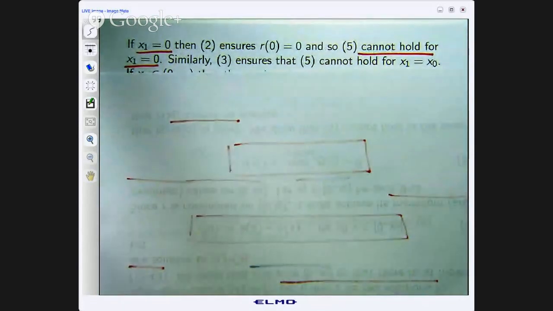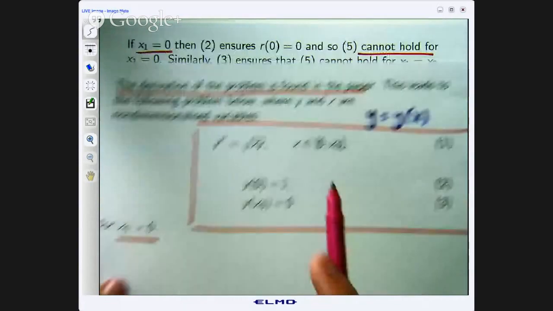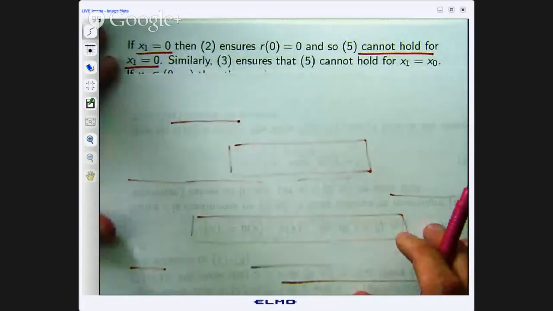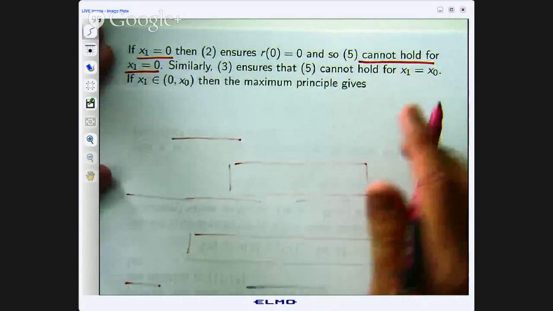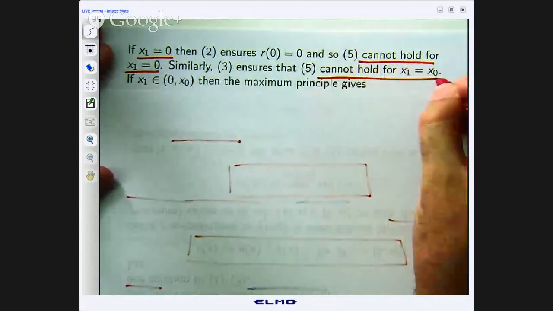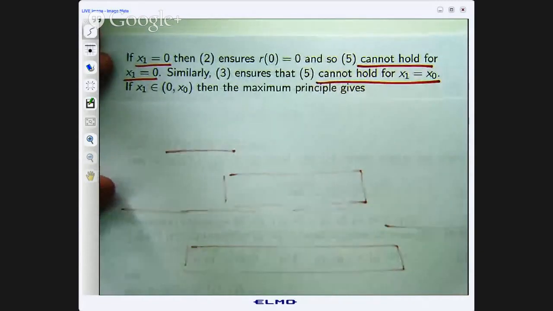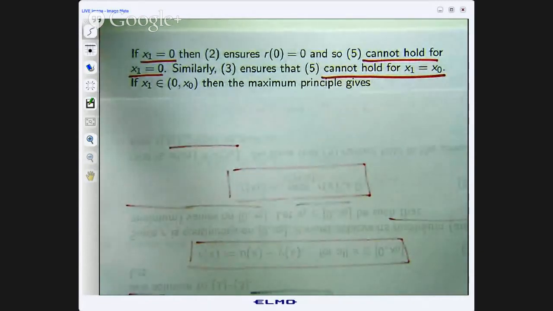And similarly, if you look at the other boundary condition, you'll have 0 minus 0, which is 0, which cannot be positive. So it cannot hold for x1 equals x0. So what does it mean? x1 cannot be at the endpoints of the interval. Okay, what about in the interior? What about between x0 and x1?